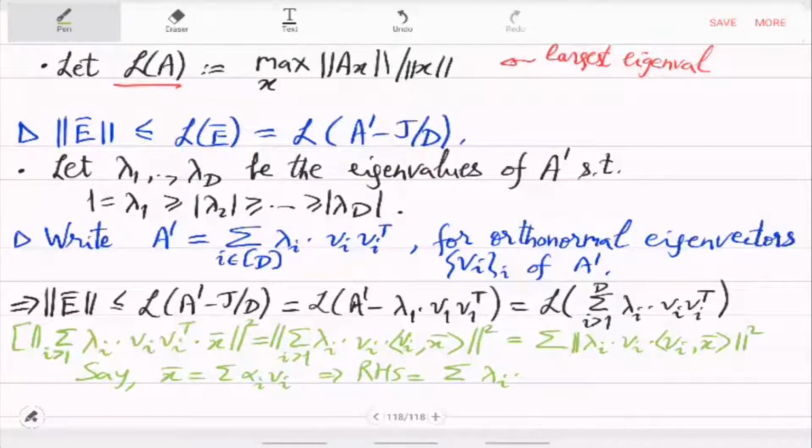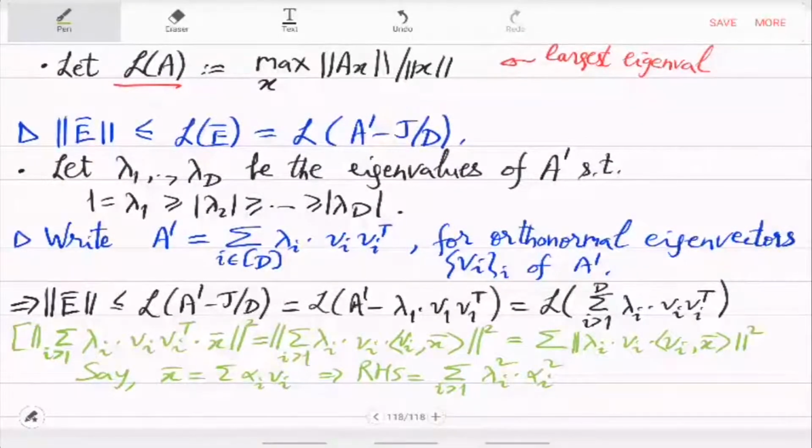So vi with x bar will only extract alpha I. When you take the inner product of x bar with vi, all the summands vanish except that of vi, which gives you alpha I. And also remember that vi is a unit vector.